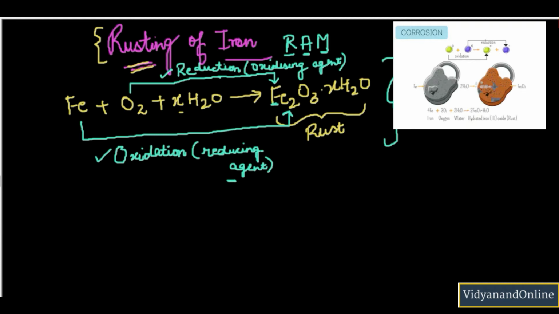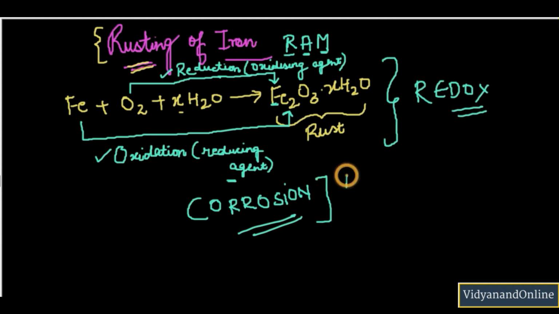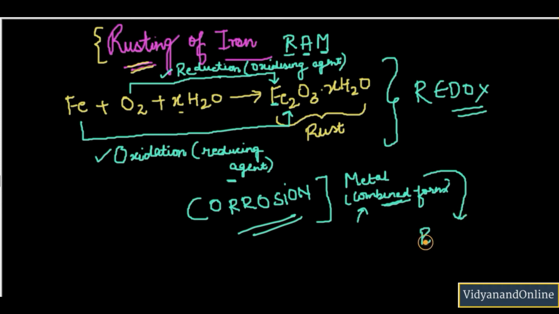Now next, the question arises, why does this corrosion happen? Let me tell you, most metals undergo corrosion because metals actually occur in combined form. After providing energy, the combined form of metal is refined and the pure metal is extracted from it. Now this pure metal is not so stable.